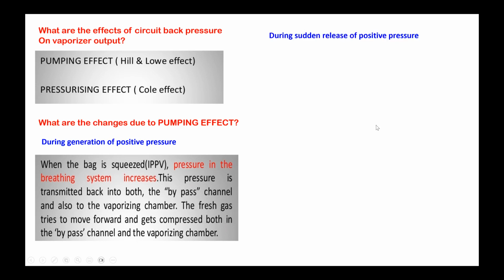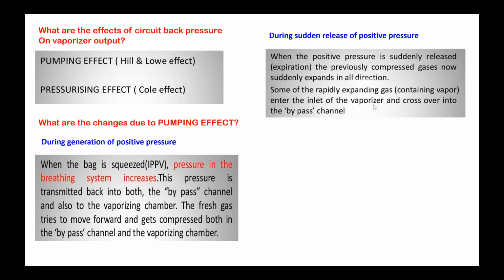During sudden release, after the inspiratory attempt, when you release and allow the expiration to happen, what happens? When the positive pressure is released, during expiration, previously compressed gases now suddenly expand in all directions. And some of them rapidly expand to enter into the inlet of the vaporizer and cross over into the bypass channel to cause excessive carrying of the vapor.